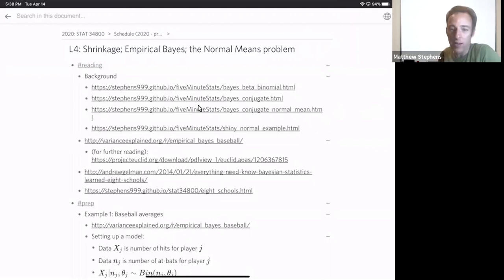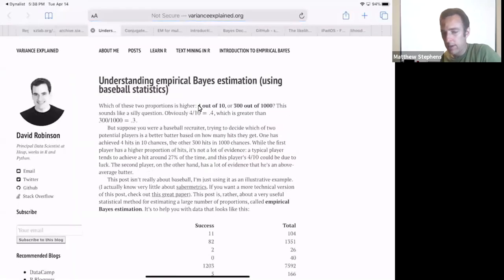I think this is a very nice intuitive introduction to empirical Bayes based on some baseball data. So I'm going to click on that. Okay, so this is by David Robinson, and here's the idea: Dave considers some data on baseball players.